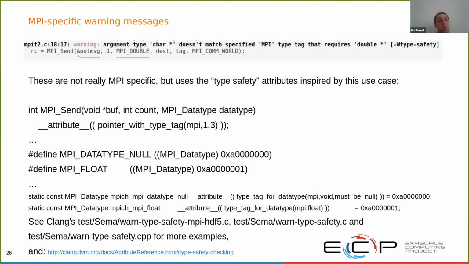And so if you use a version of MPICH or OpenMPI and you use Clang and you have a mismatch between your type tag and your provided pointer, it will warn you. This is actually not really MPI knowledge built into the compiler, but a set of attributes that were developed and added into the header files for MPICH and OpenMPI some years ago. We first deployed this at Argonne, but it's since been merged upstream, so everyone benefits.